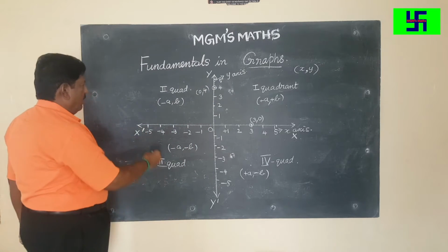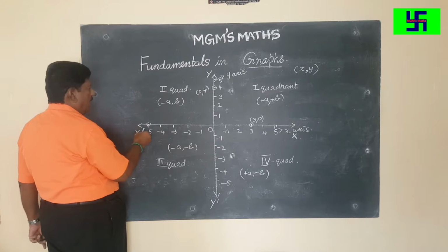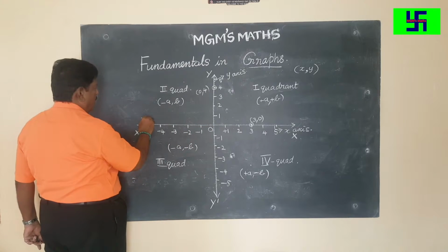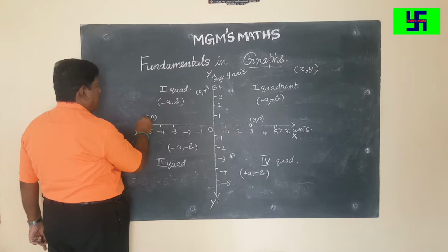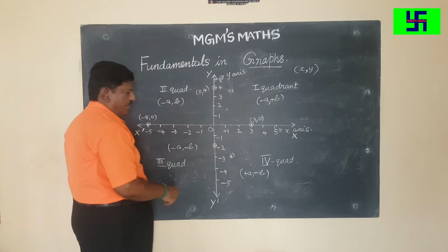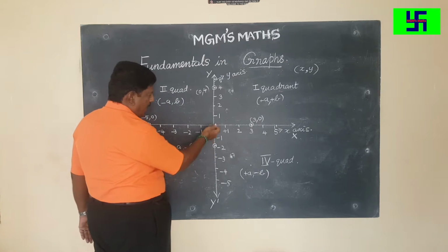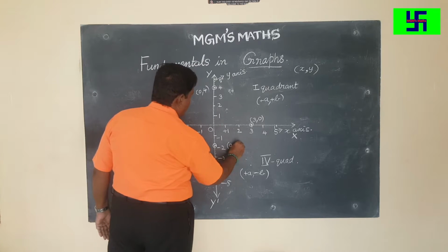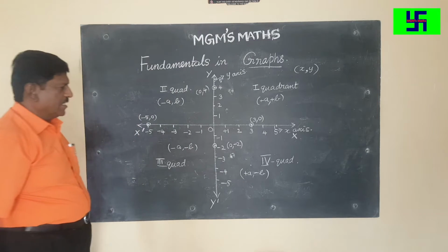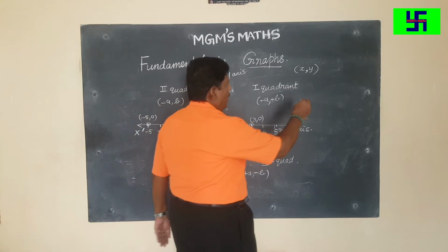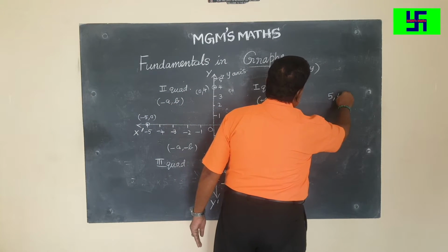In the same way, we take a point here on the left hand side, the negative side of the x-axis, x is minus 5 and y is 0. You choose a point at the bottom of the graph, x becomes 0 and y becomes minus 2.